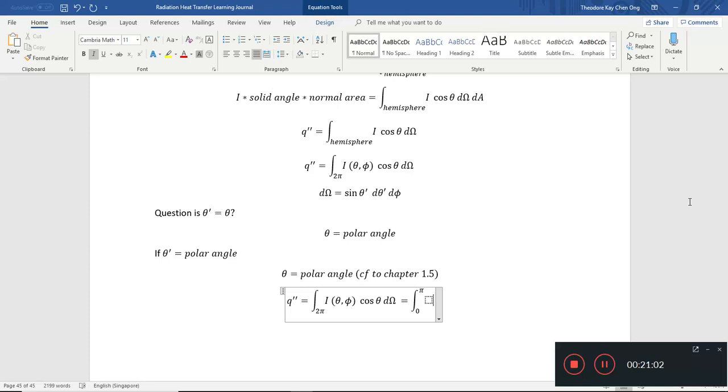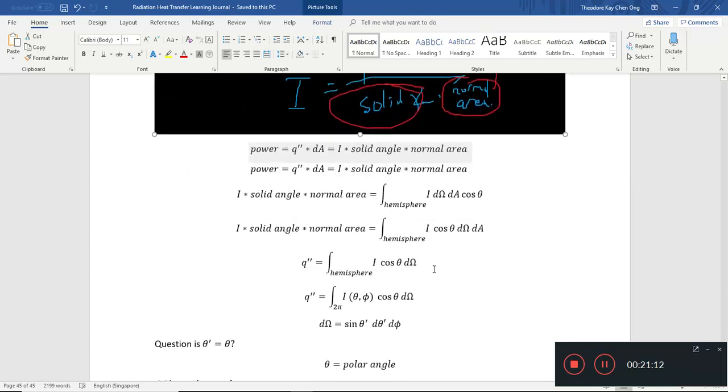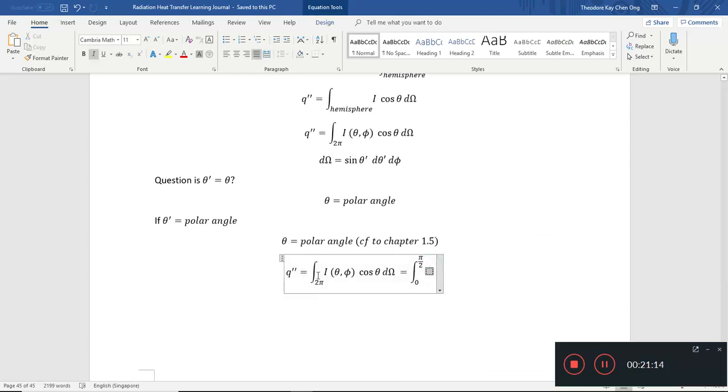I forgot the bracket there. So this is the polar angle from 0, which is the top, to pi by 2, which is 90 degrees there. I theta phi cos theta, sine theta and d theta.